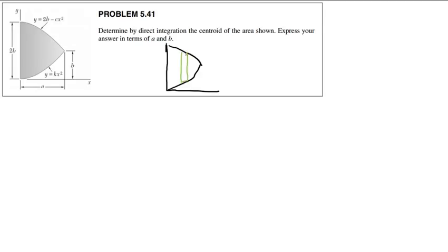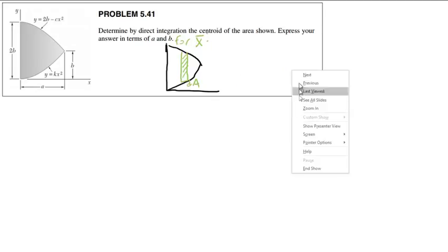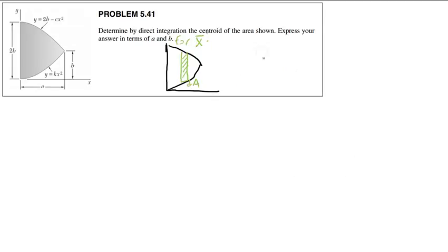And let's see. This is going to be our dA. For X bar, this will be our dA. And this dA is going to have a width of dx and a height of 2b minus cx squared minus kx squared.